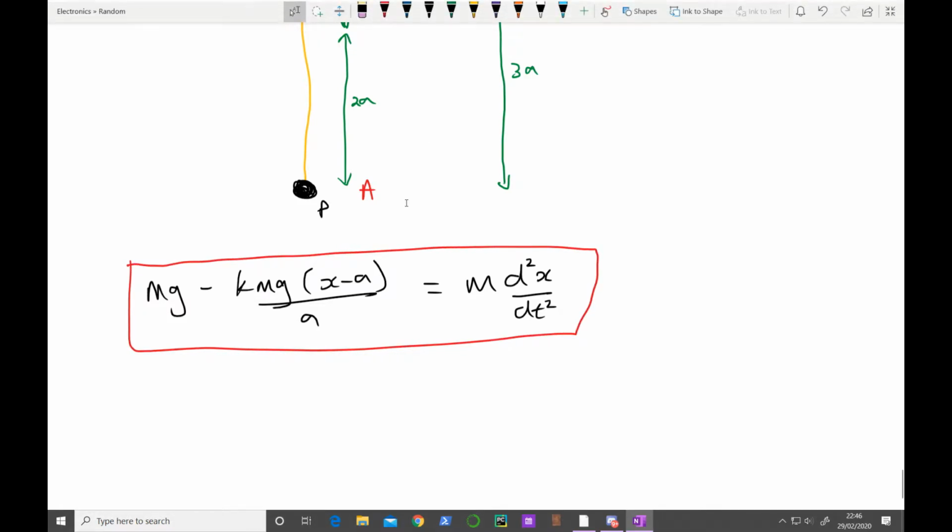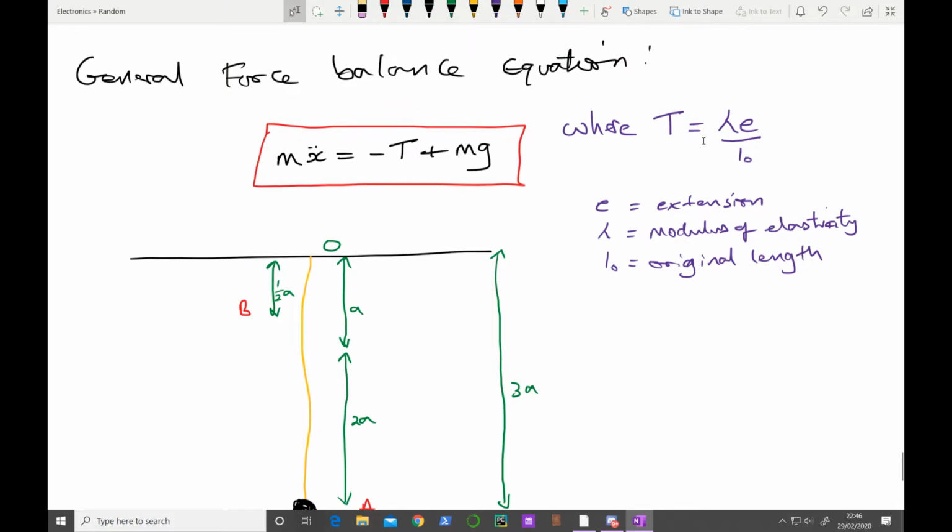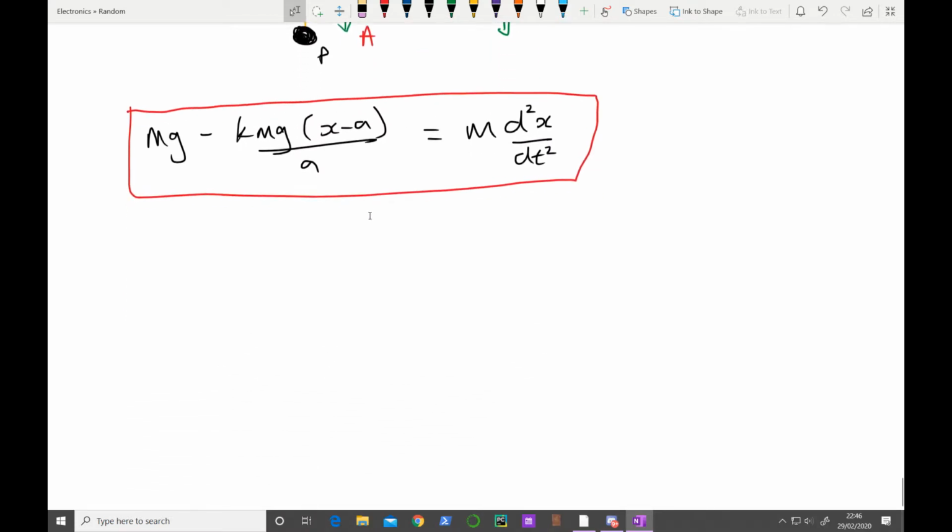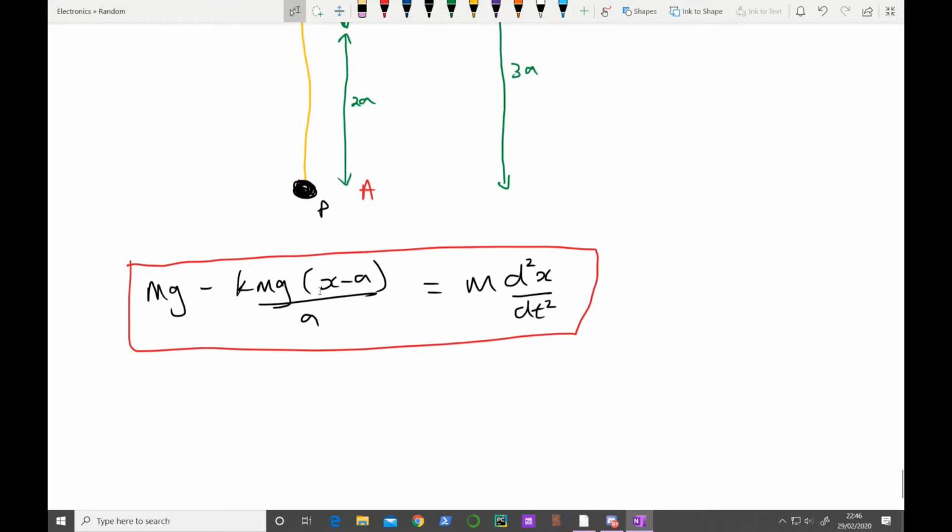Now, rather than writing the extension e in the tension, so this is tension, right, I've simply written the extension as a function of the distance from the ceiling.